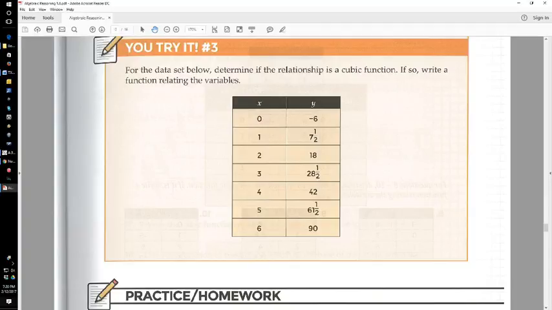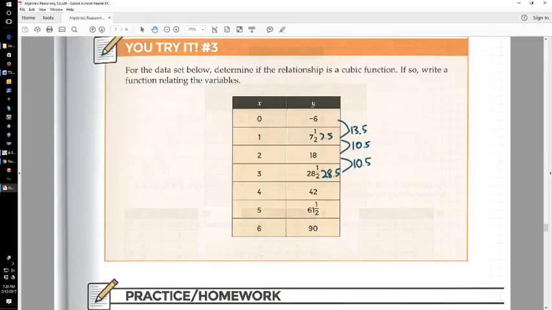And if it says a half, I'm just going to use decimals, 7.5. So I'm going to say 7.5 on this one, 28.5. That sort of stuff. So 7.5 minus negative 6, so that's really 7, so it's 13.5. 18 minus 7.5, that's 10.5. 28.5 minus 18, that's again 10.5.